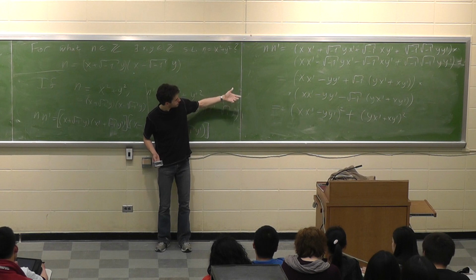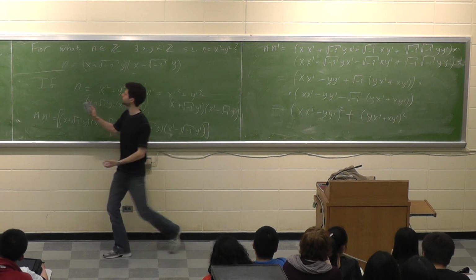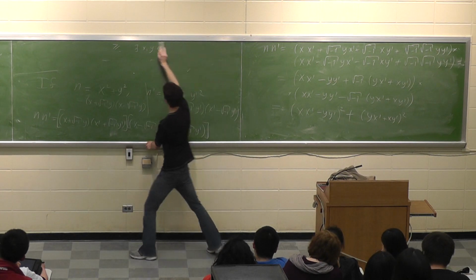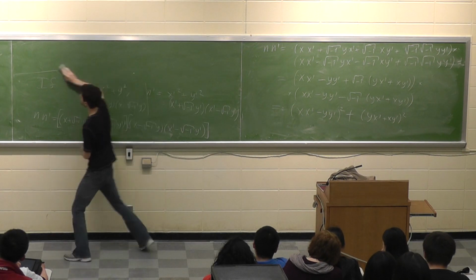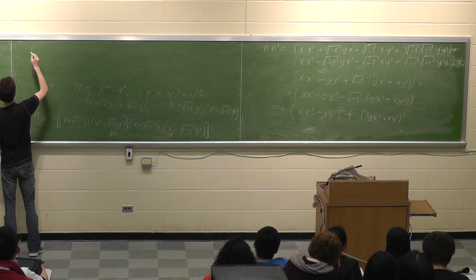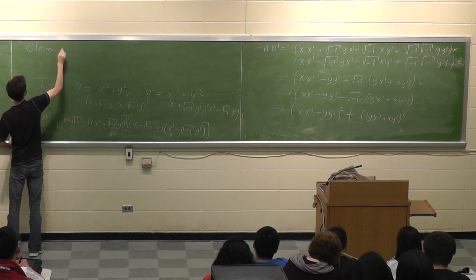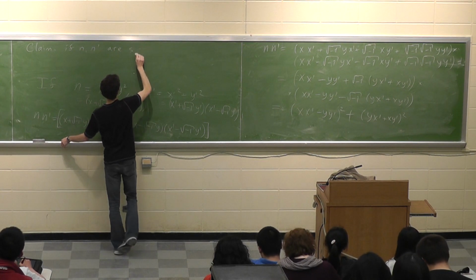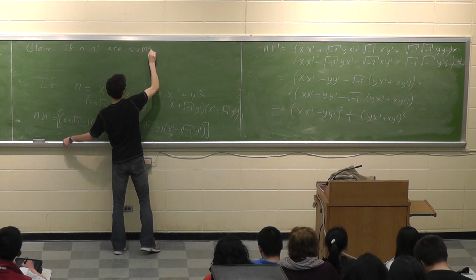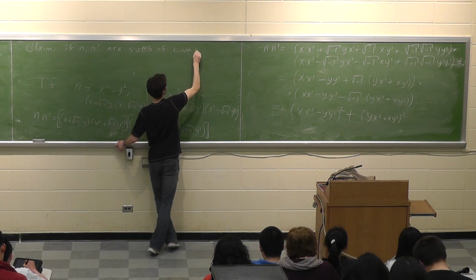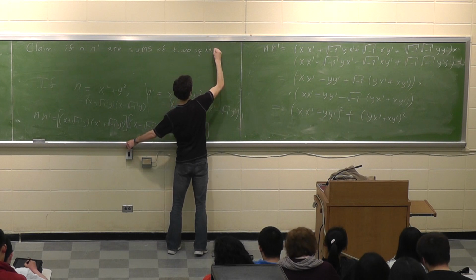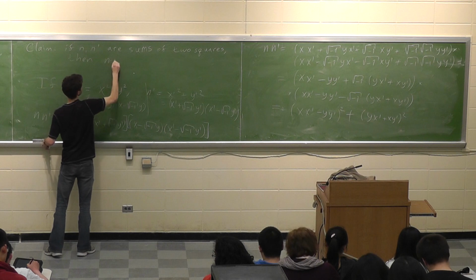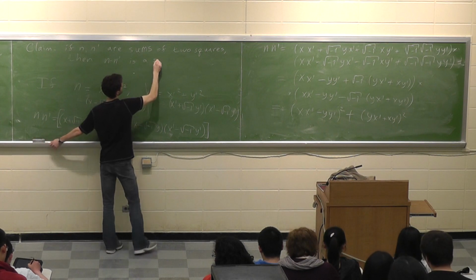To formalize these kinds of arguments, let's first write down what we proved. So if n and n prime are sums of two squares, then n times n prime is the sum of two squares.